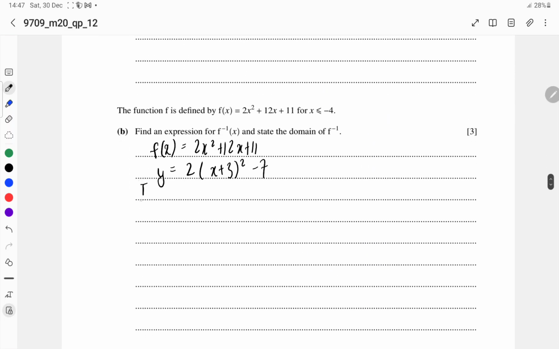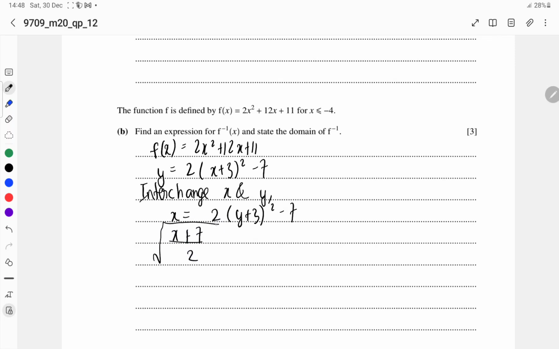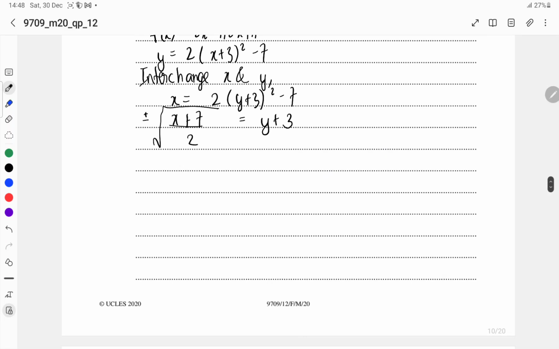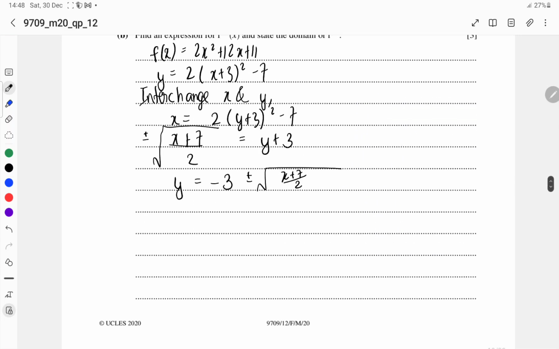Then we can interchange the roles of x and y. We get x equals 2 times y plus 3 whole square minus 7, so x plus 7 over 2. Then its square root with plus minus sign is going to be equal to y plus 3, right? I hope you understand this. Then y is simply negative 3 plus minus the square root of x plus 7 over 2. This is what our f inverse function is.